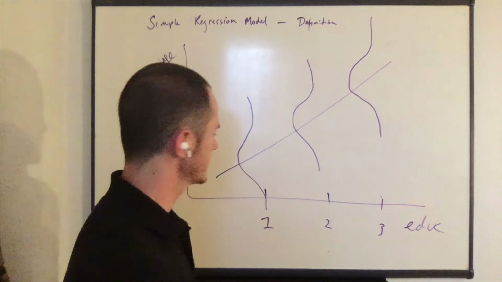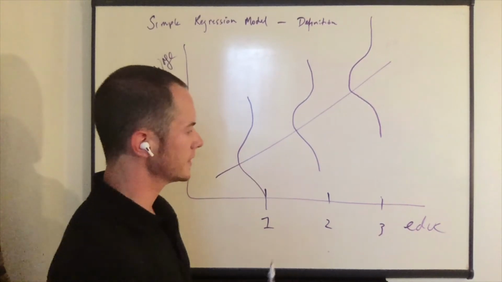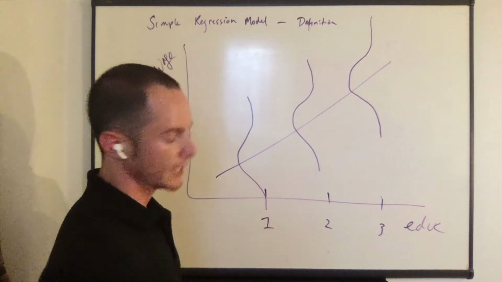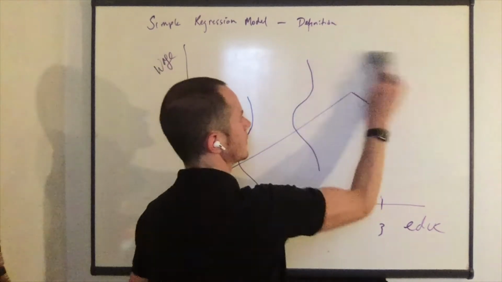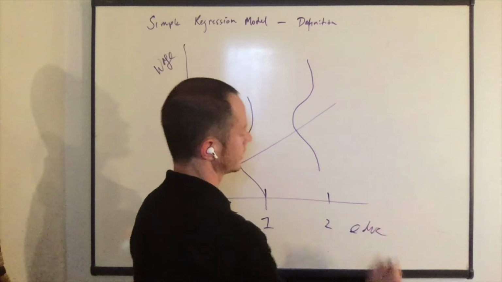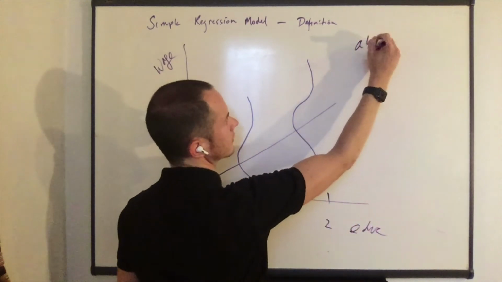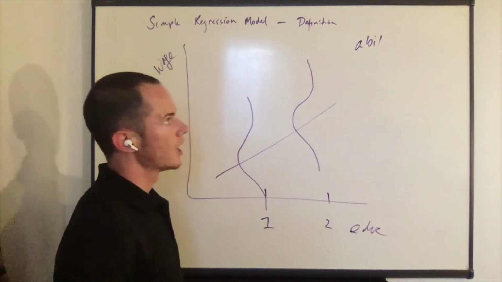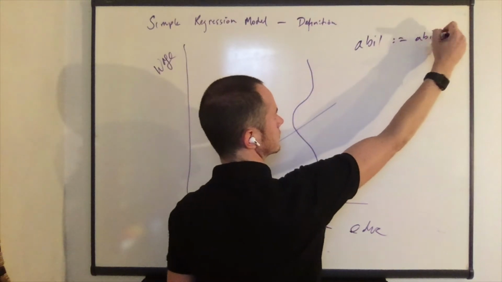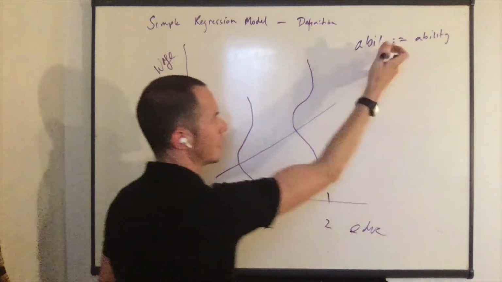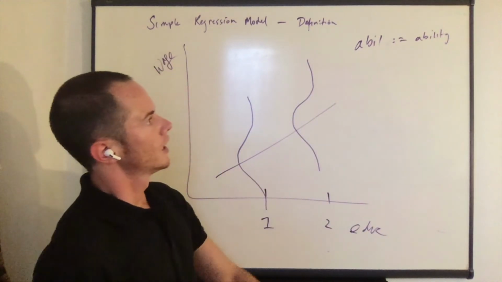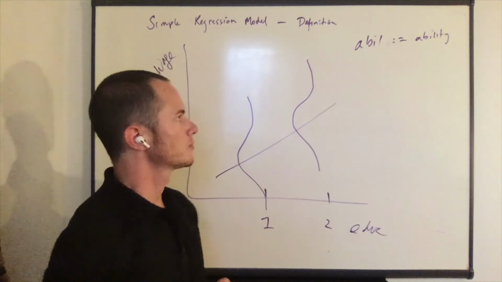All right, let's think about this even further. If we define this variable ability, abil, and we say that this is unobserved.